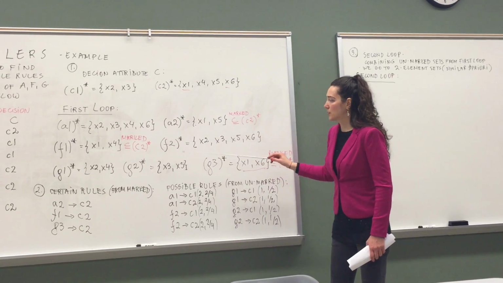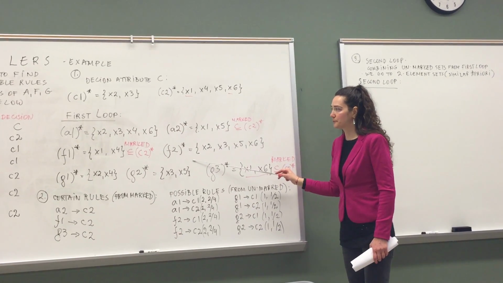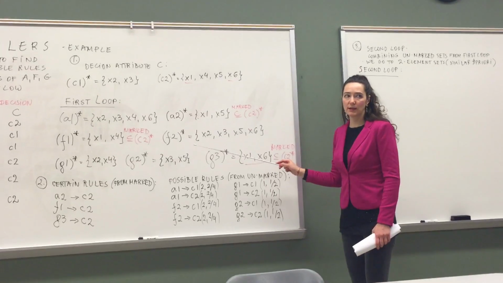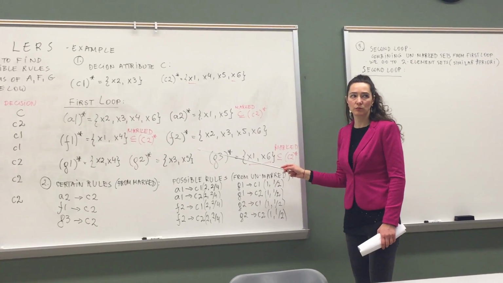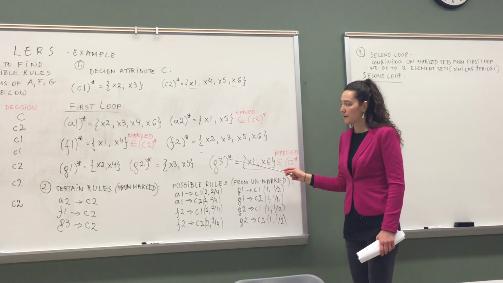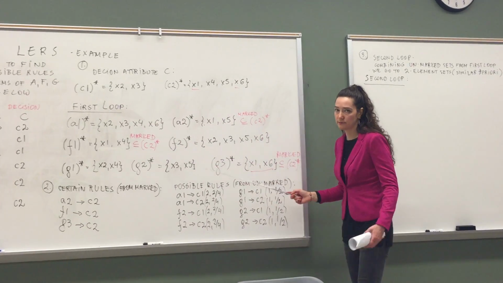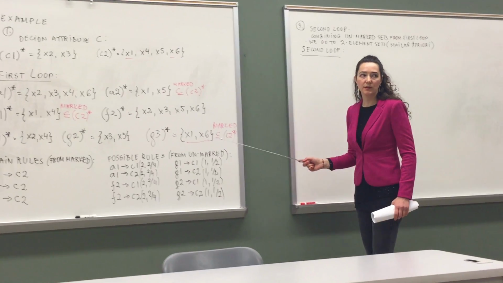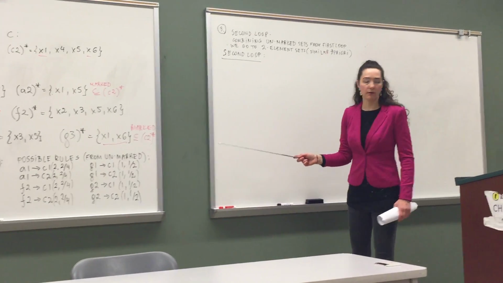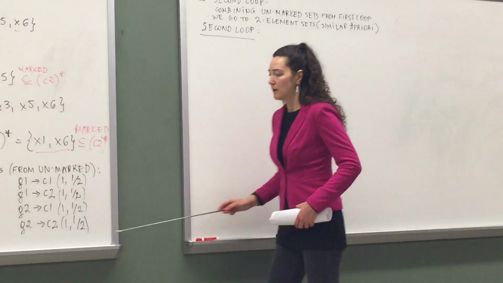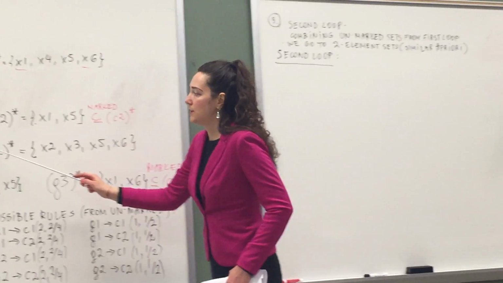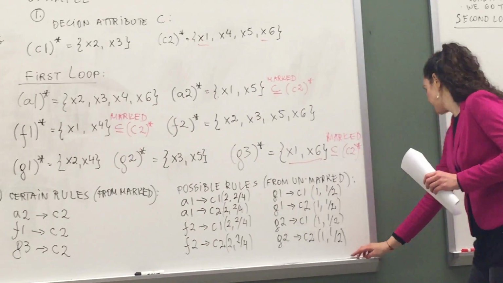A1 is not marked, F2 is not marked. So we will take the intersection of these 2 sets, and that will be A1 and F2 together. That's what we showed on the Venn diagram in the beginning.